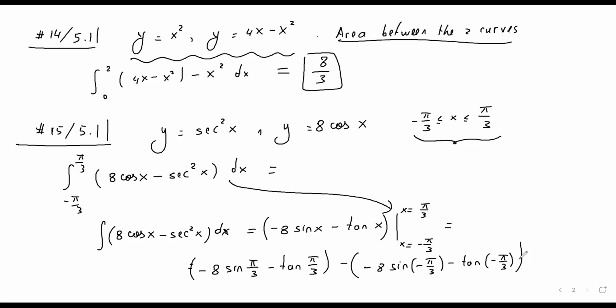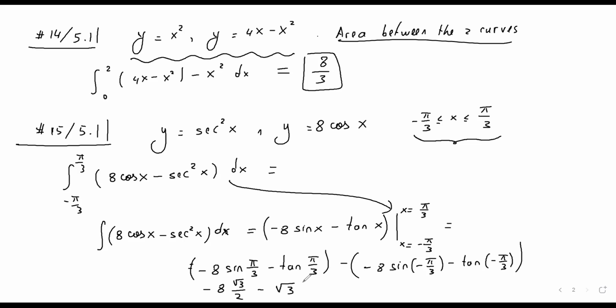Sine of pi over 3, folks, everybody should remember this. So sine of pi over 3 is going to be square root of 3 over 2. So over here, the number is not very pretty, but it can be worked out. Negative 8 square root of 3 over 2 minus tangent of pi over 3, on the other hand, is something that not many people memorize, is square root of 3.